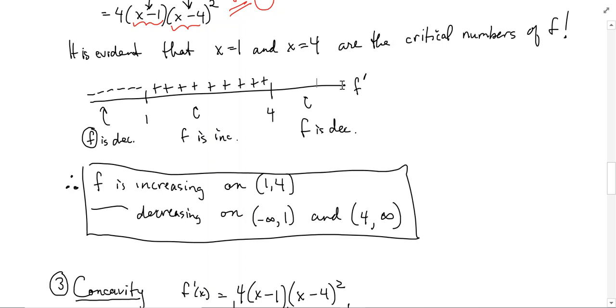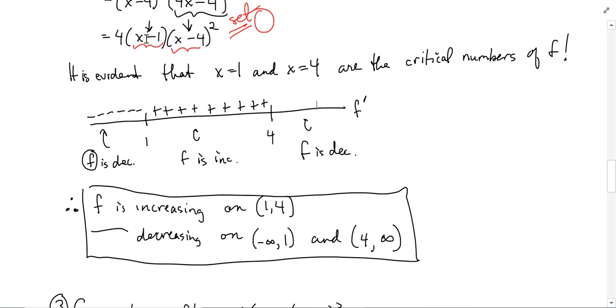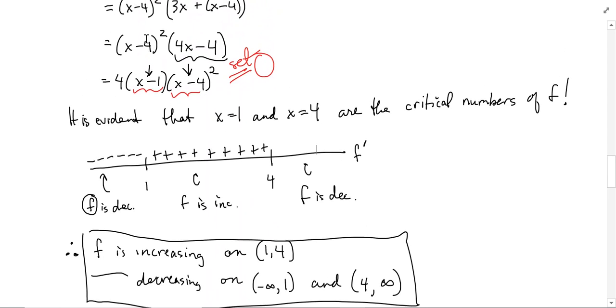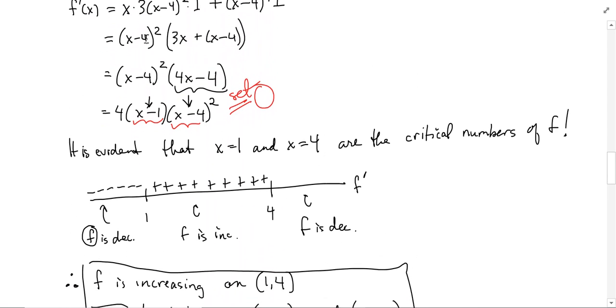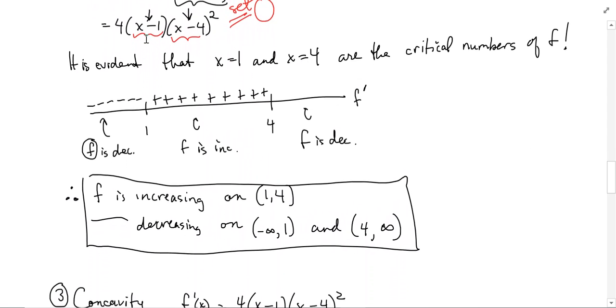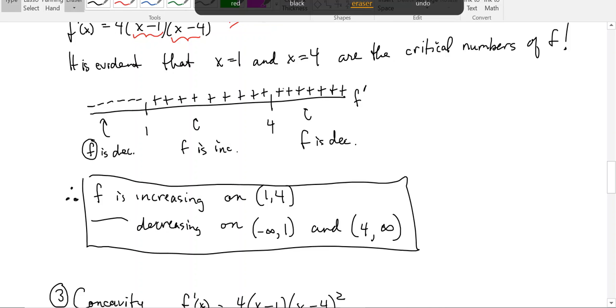So the sign of the derivative, looking right here at f prime of x, is negative when x is less than negative 1. It is positive between 1 and 4, but it remains positive thereafter. Okay, so let me put this in red.